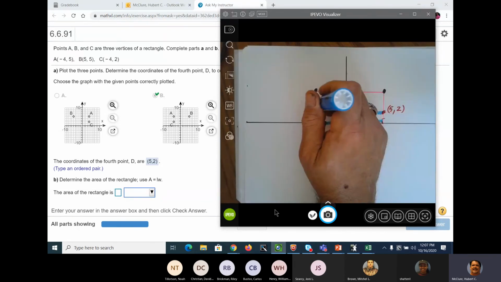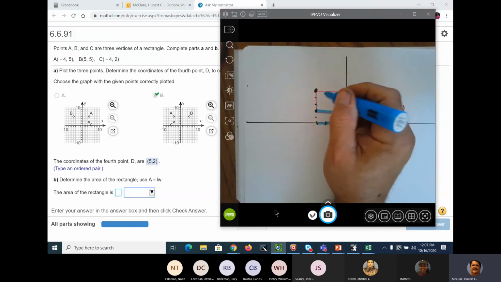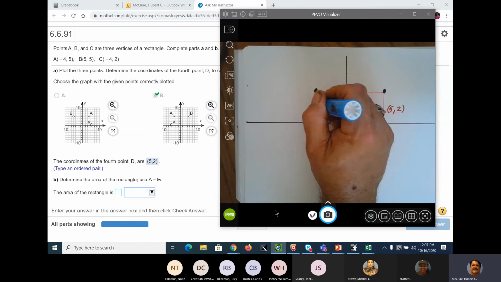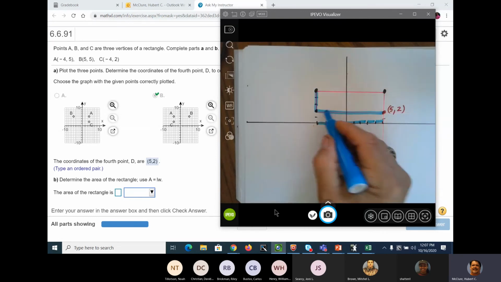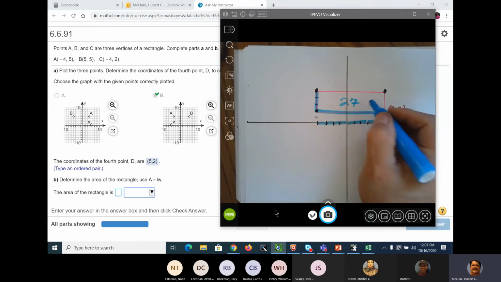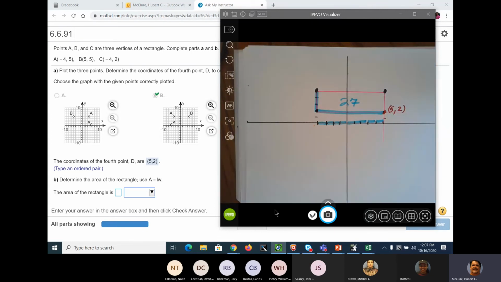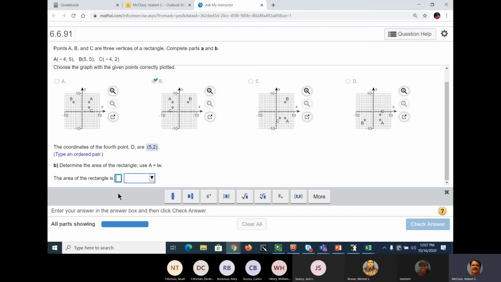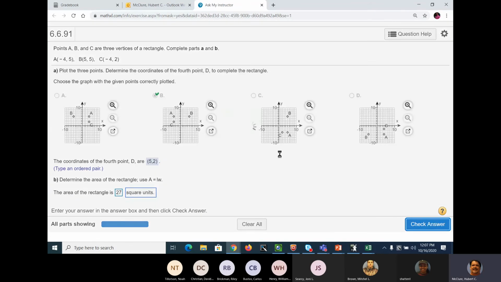What's the top? I meant the height. 1, 2, 3. And what's 9 times 3? 27 square units. 27 should be square units. And that's it.